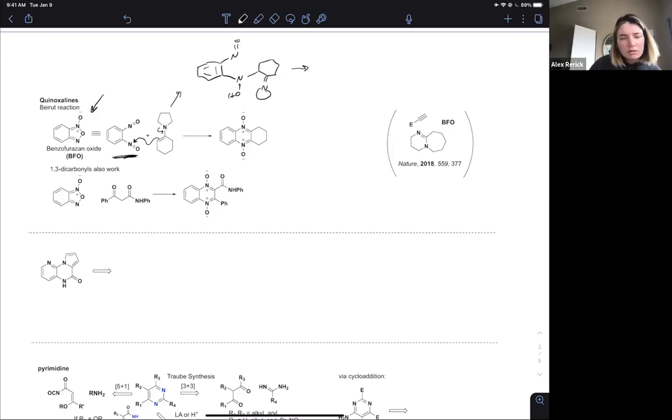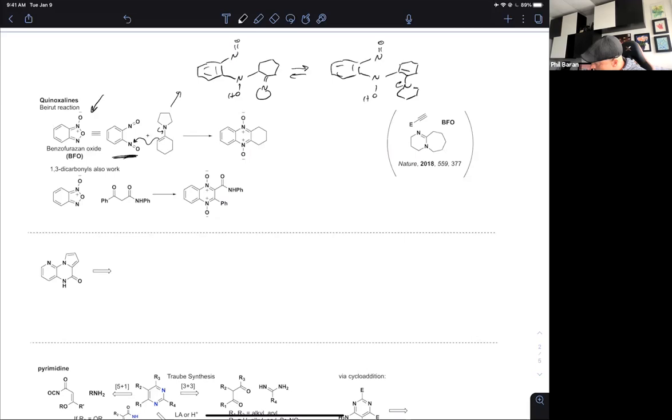I guess if you draw the tautomer again of your imine to the enamine, and then you can kind of have the same thing. And then this attacks again, or this attacks. Oh, okay. Yeah, that nitrogen could push down.